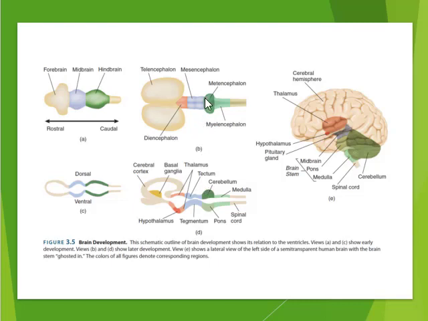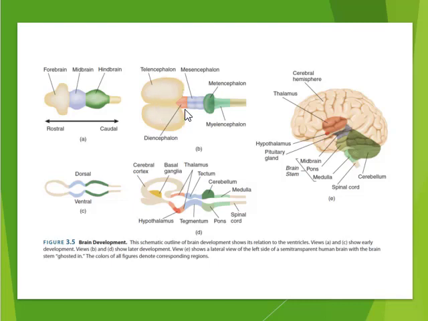The next stage of development here is B. Here's the dorsal side again, and the ventral side down here. And at the top, you can see from the dorsal perspective, the telencephalon has gotten larger. There's a posterior gradient so that the brain is growing disproportionately larger in the rostral end.